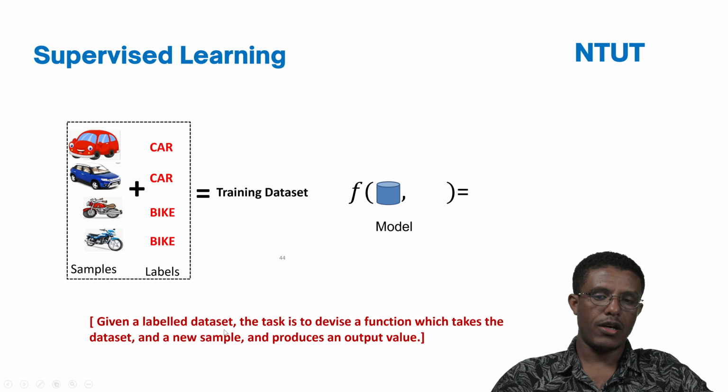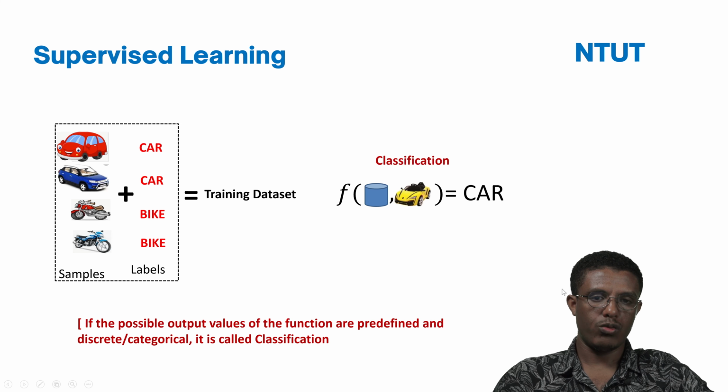So given a labeled data set, the task is to devise a function which takes the data set and a new sample and produces an output value. So we have already trained the model using this type of data. Finally, in order to test our model, we can give this image of a car, and the model says that this image is a car, because it understands from the training data that this one is more similar to this one instead of this one.